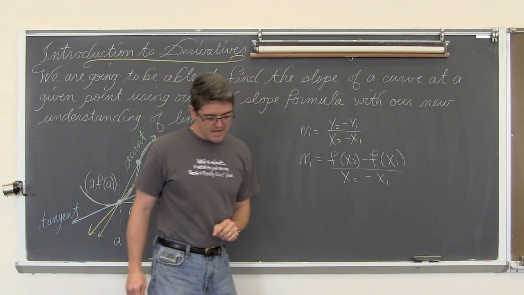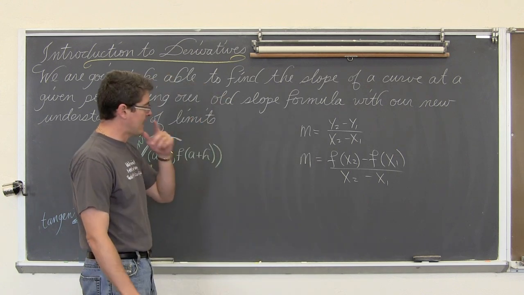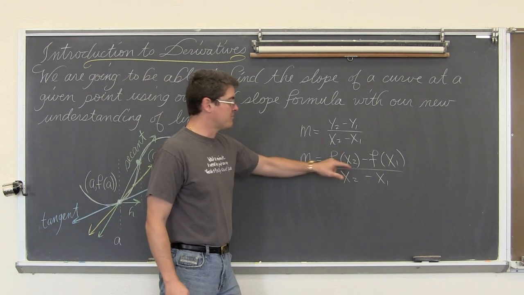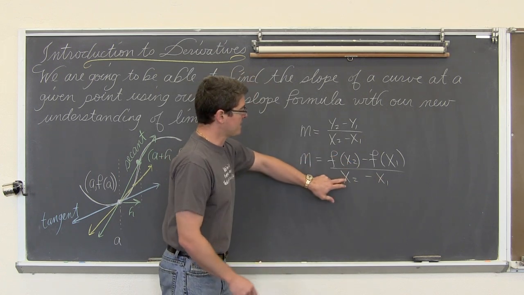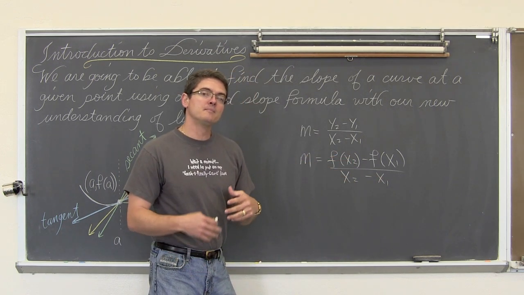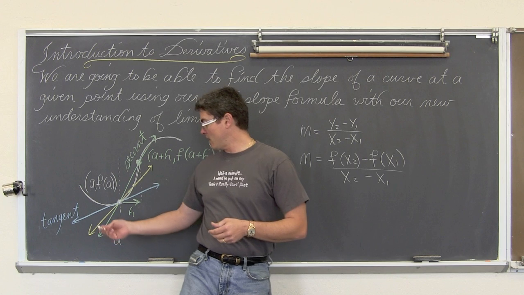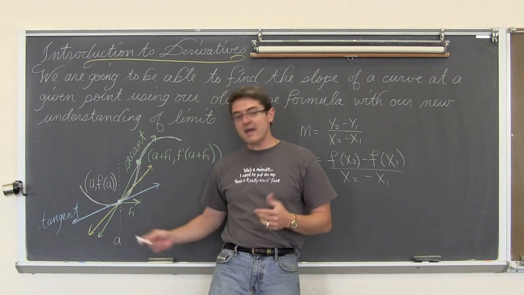So what we're going to do is take our original value of x, and we want our second point to be defined as a horizontal distance from the original one. So we're going to take out the x sub 2's and replace it, and I'm actually going to take the x's out as well, and replace it with a.